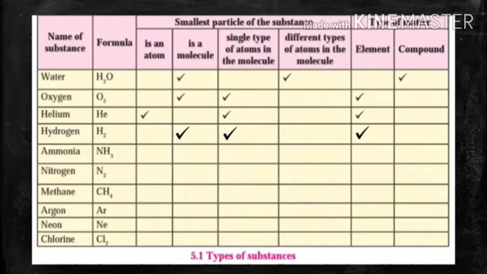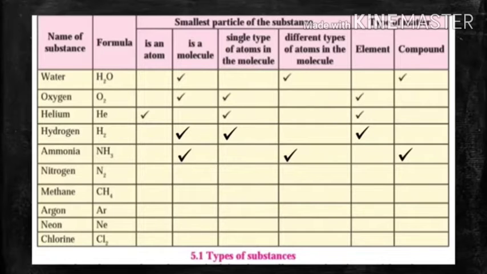If we consider ammonia, NH3, it is a molecule, and different types of atoms are involved because nitrogen and hydrogen, these two elements, are involved. Now we have to identify whether it is an element or a compound. It is a compound because two elements are involved.